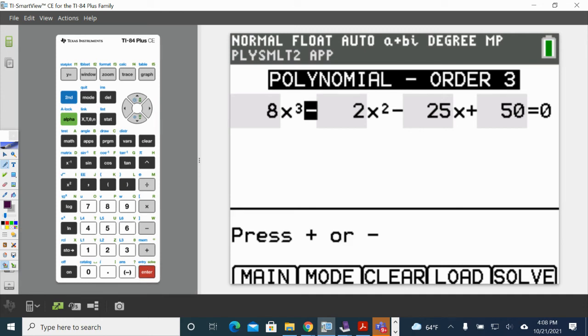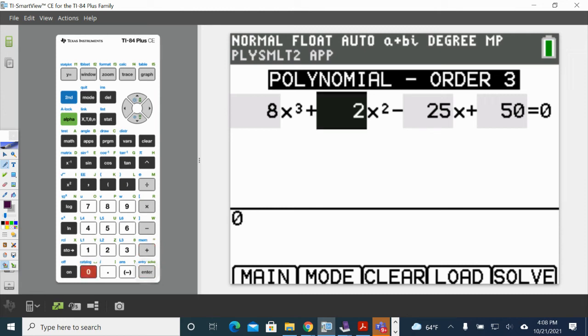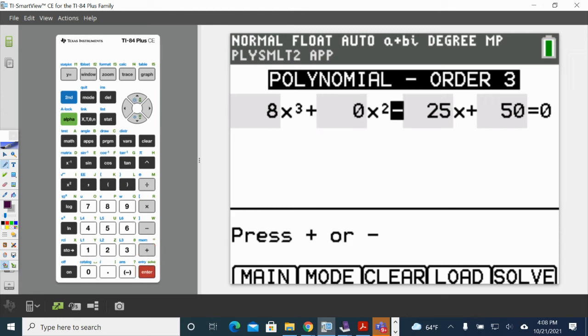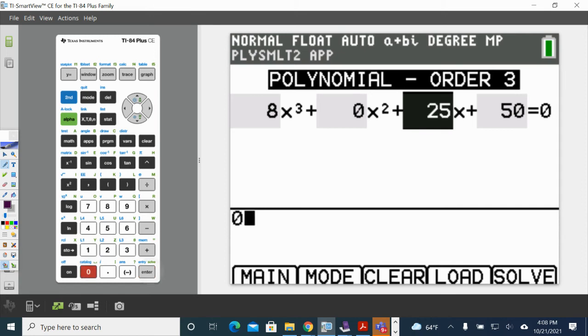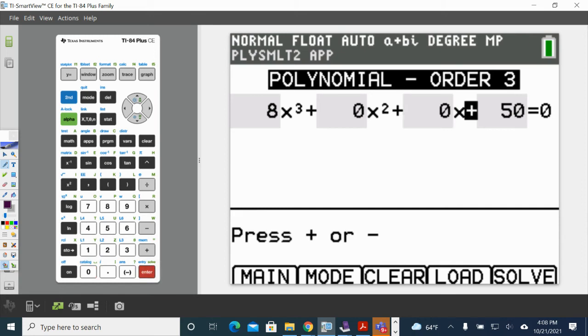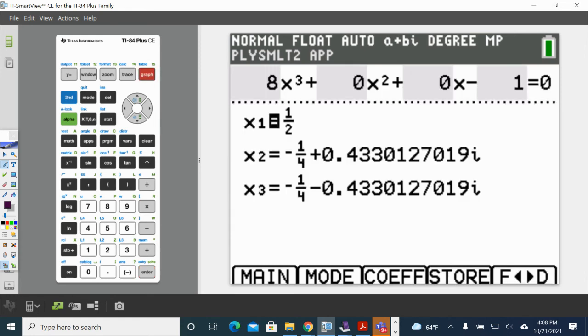Now, I don't have an x squared, so I'm going to put plus 0x squared. I don't even have an x, plus 0x, and then it says minus 1. And when I click on solve here, this is where it gets a little complicated. Because our answers are not real.